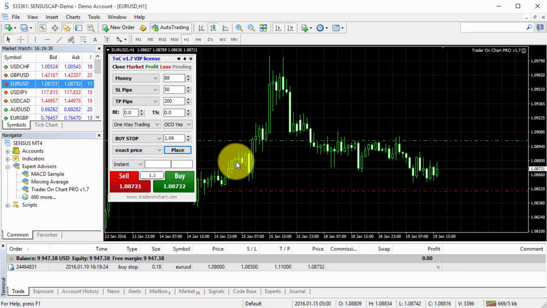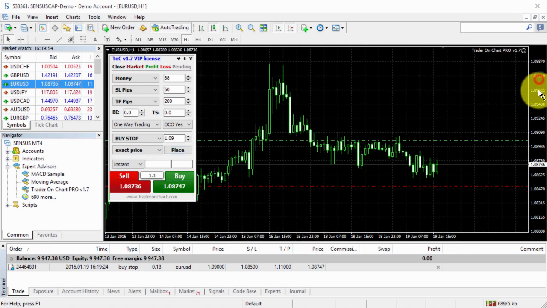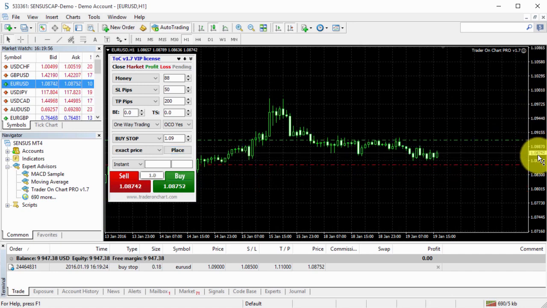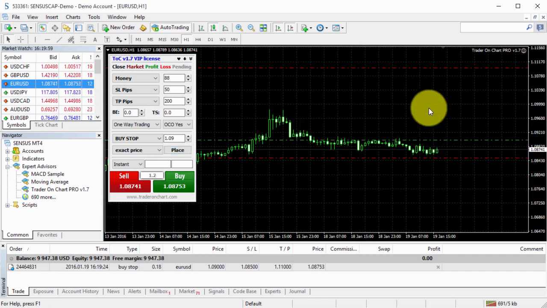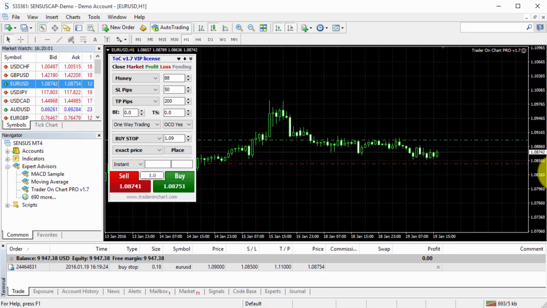It will calculate the right position size to lose $88 in case it hits stop loss. But obviously, in case it hits take profit, you would make 4 times that, because my take profit is 4 times bigger. My take profit line is not visible. I will have to lower the scale like this. Yeah, here's my take profit.